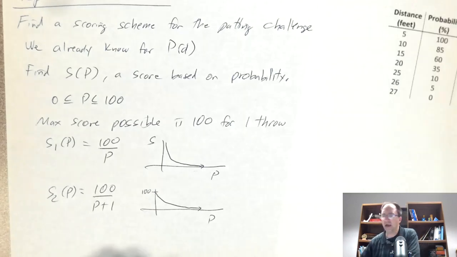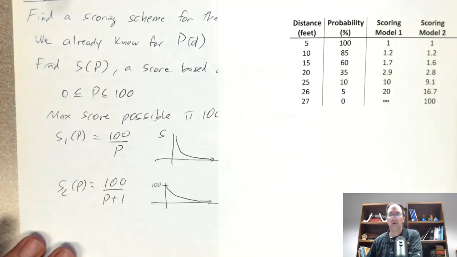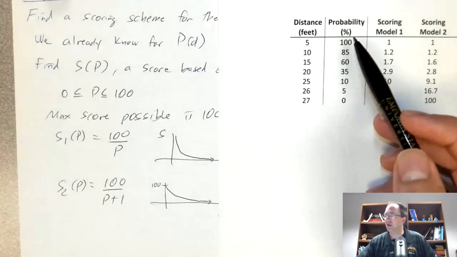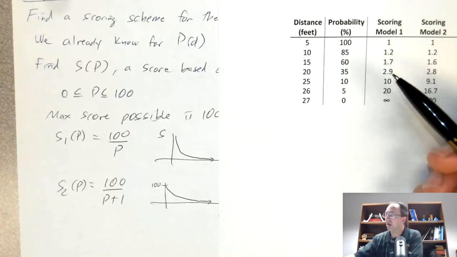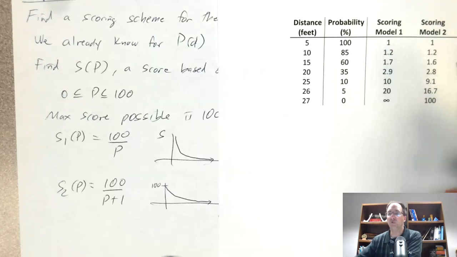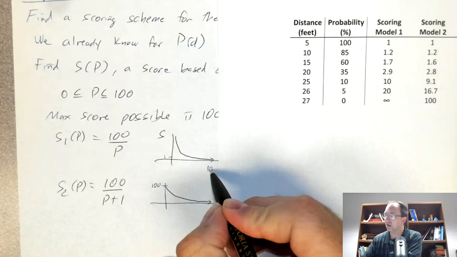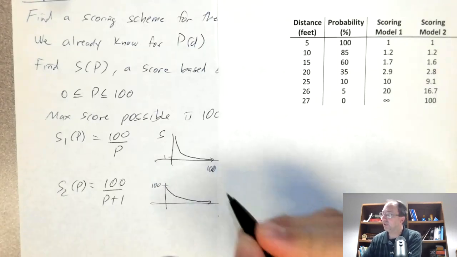And so let's compare these two models. So we're going to go from distance, and then this is using our probability function from the previous section. And then here's our first scoring model, where as you can see it goes from 1 point all the way up to infinity as we work our way up this graph.